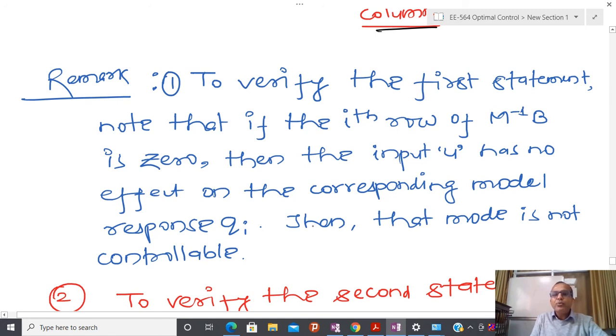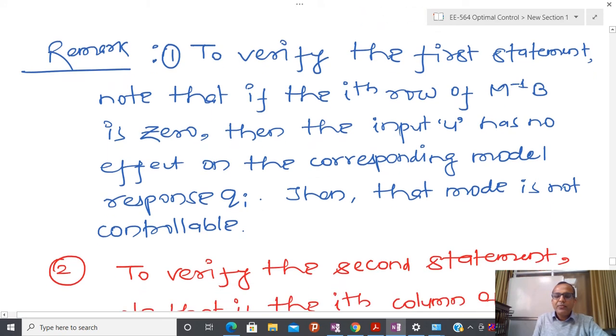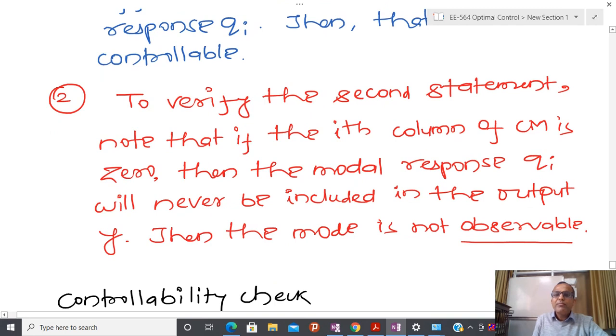And if I am not able to affect Qi, then I cannot control it. A similar kind of statement applies here. To verify the second statement, note that if the ith column of CM is 0, then modal response Qi will never be included in the output, and then the mode is not observable. So in this way I can understand.